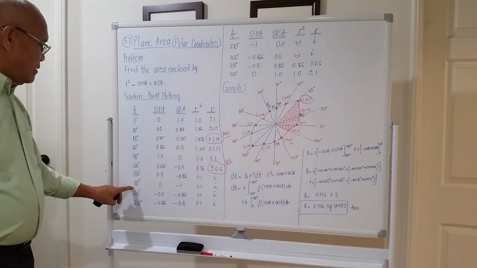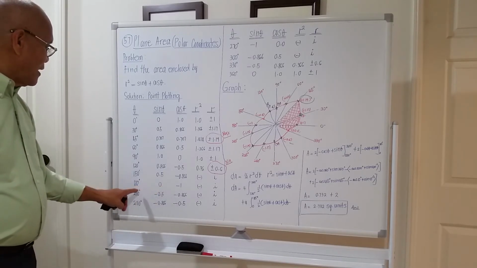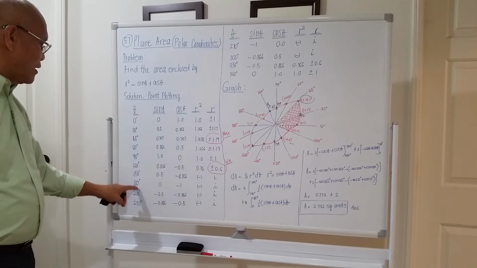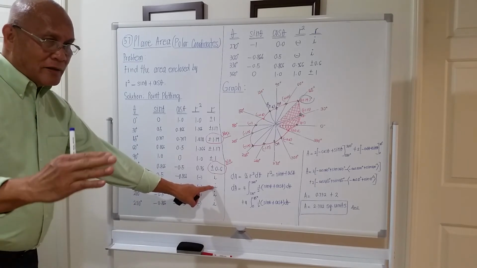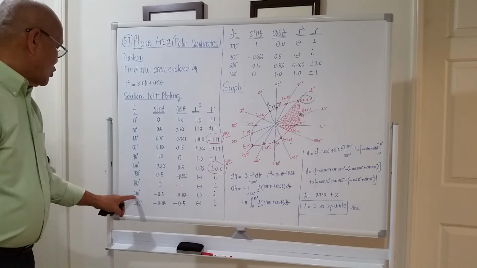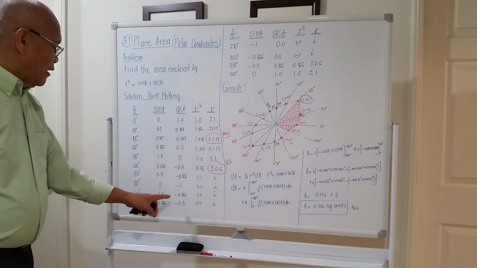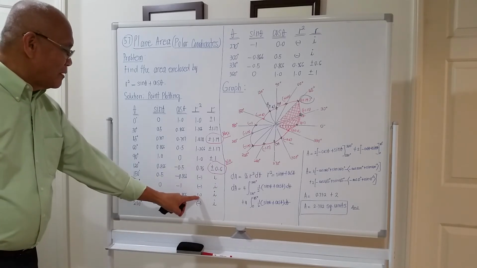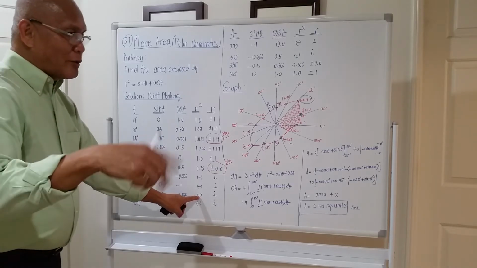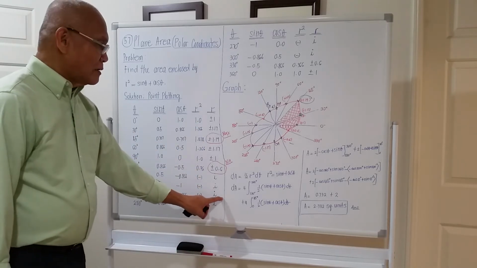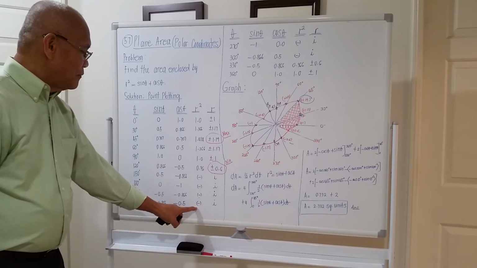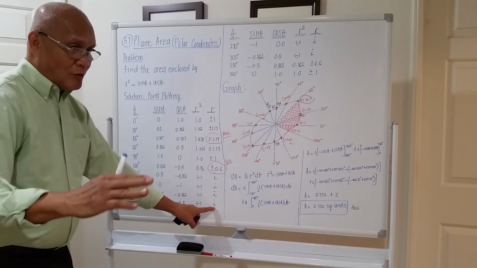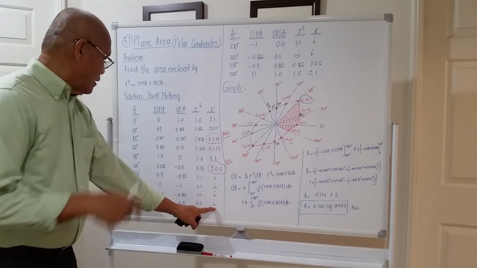Also at 180, the value of r square is negative, still imaginary, non-existent. Also at 210, r square will be negative. If you take the square root of a negative thing, it is imaginary. At 240 degrees, it's still negative, so we cannot compute the value of r at 240 degrees.